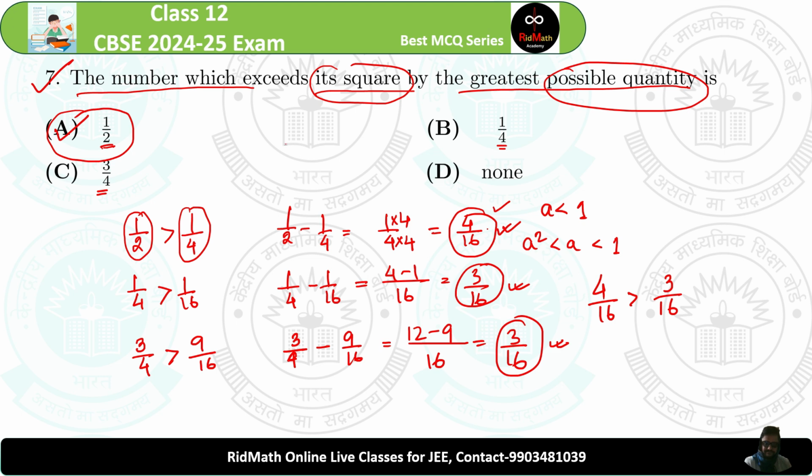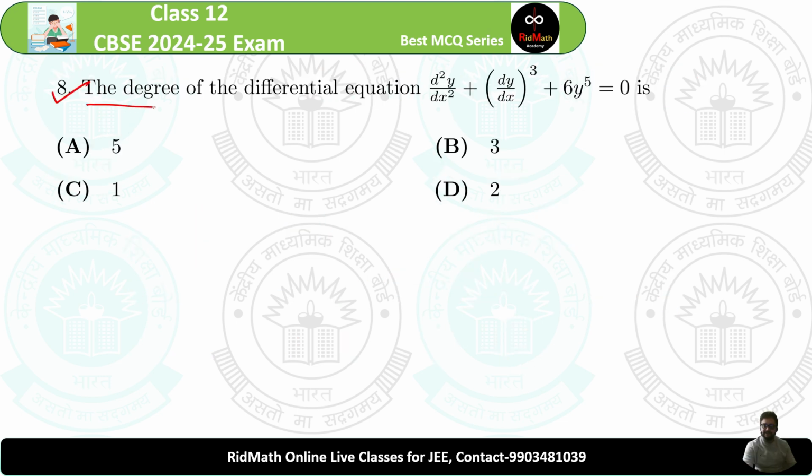Next problem. Question number 8. The degree of the differential equation this. So what is the degree? The degree of a differential equation is the degree of the highest order derivative present in the differential equation. The highest order derivative present here is d square y by dx square.